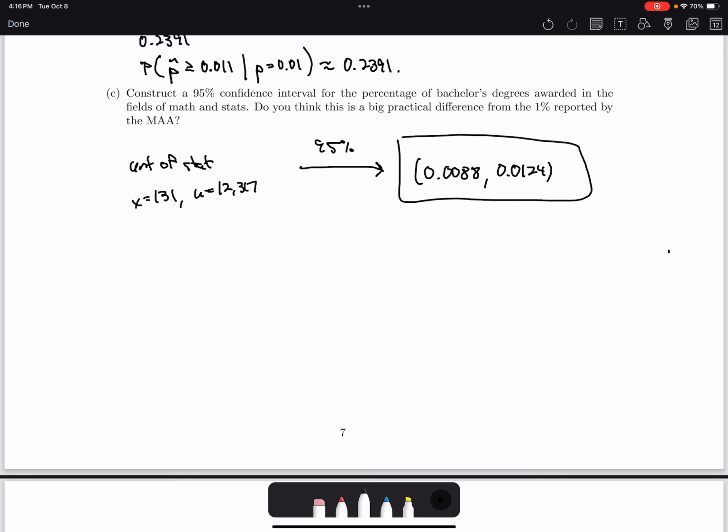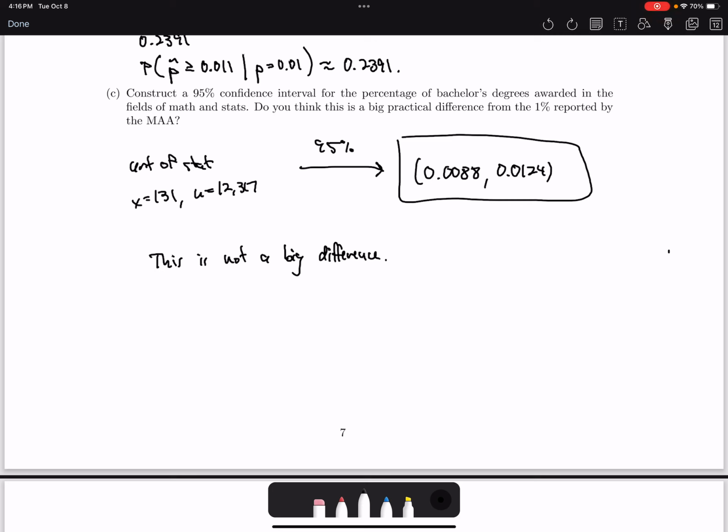Do you think that this is a big practical difference from the 1% reported by the MAA? This is not a big difference. In fact, notice that 1%, 0.01, is between these numbers.